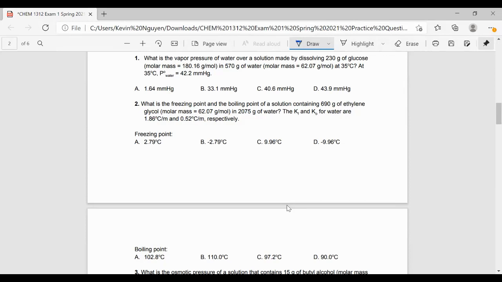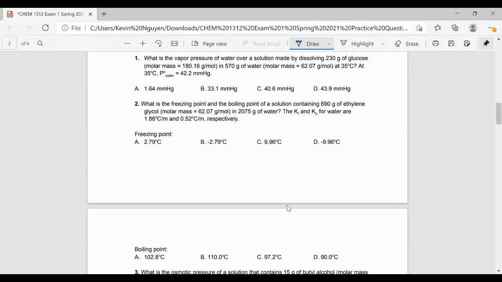So if we're given a Kf and a Kb, it's going to hint us towards wanting to use the change in temperature formula that we've known. So delta T is going to be equal to K, which is the constant for either freezing or boiling, times the molality, times the Van Hoff factor.